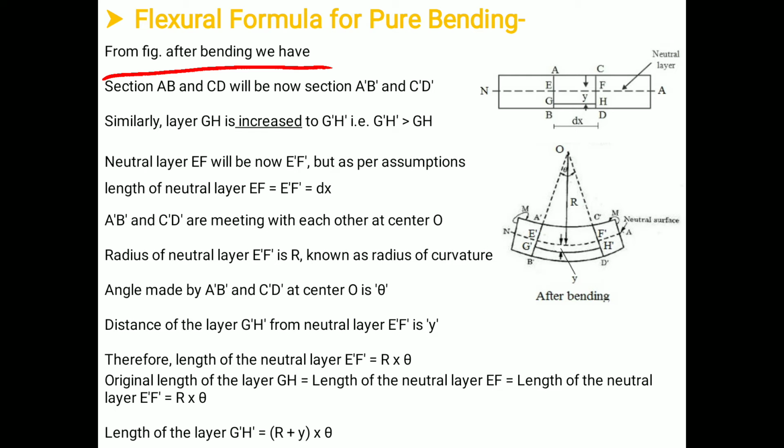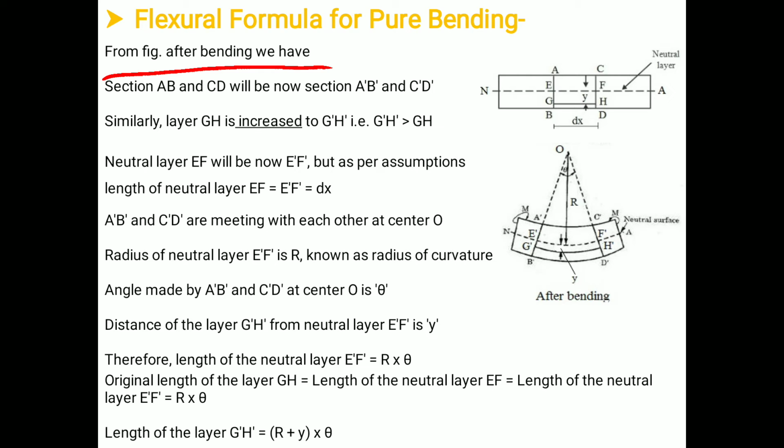It means that if we concentrate on the neutral axis, the portion which is above the neutral axis is in compression, and the portion which is below the neutral axis is in tension. When it is subjected to bending action, the portion below the neutral axis will get stretched from its original length, and the portion above the neutral axis will get decreased from its original length.